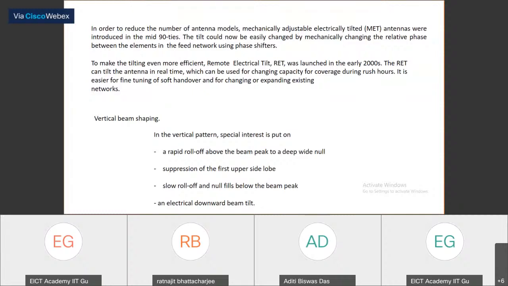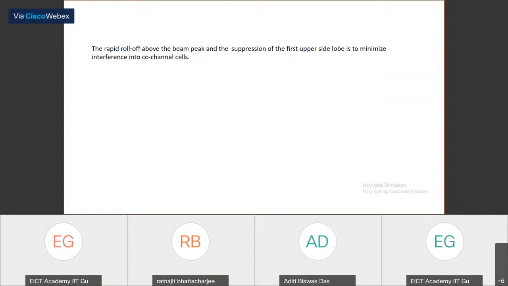Now, why are these things needed? A rapid roll-off above the beam peak and suppression of the first side lobe is to minimize the interference into the co-channel cell, and slow roll-off and null fills below the beam peak ensure coverage very close to the cell site. When you are looking at an angle, you optimize your beam in such a way that the entire cell is covered properly.